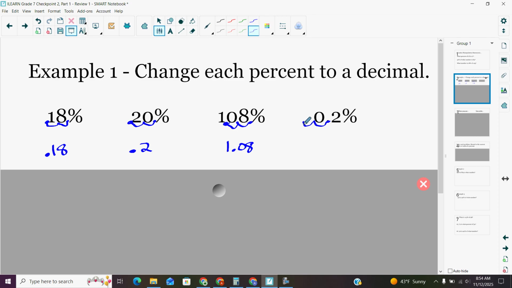We move it 2 places. Should be 0.002. So to change from a percent to a decimal, move the decimal point 2 places left.